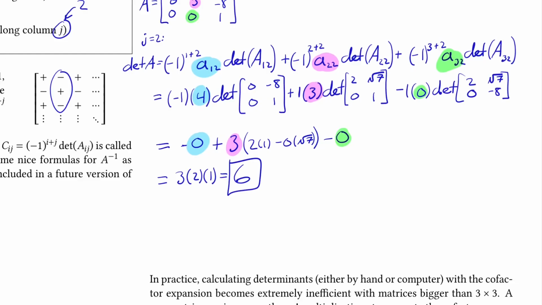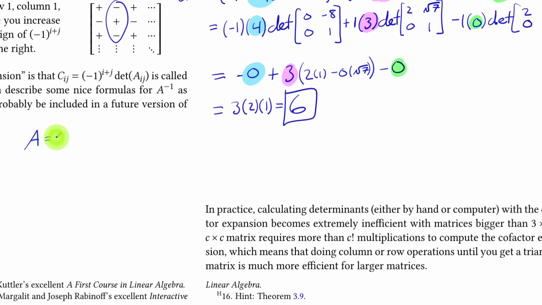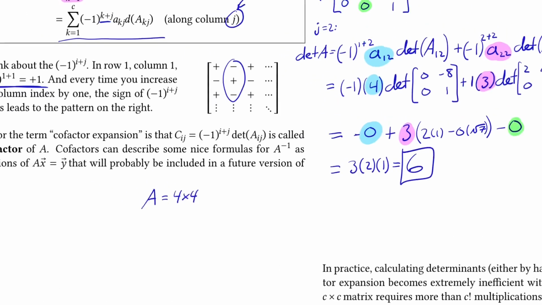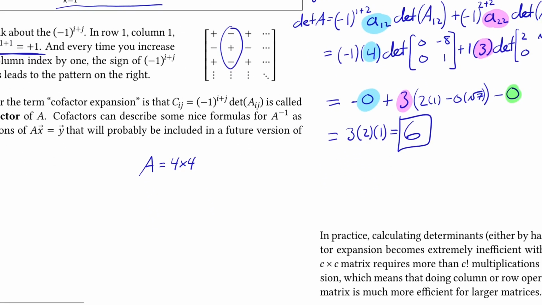Now, this is not that bad for 3 by 3 matrices. You do have to do 3 different 2 by 2 determinants, which is reasonable. But using this formula with bigger matrices turns out to get way out of hand. For example, if A is 4 by 4, then the formula would involve 4 different of these cofactor things, and each one of those is going to involve a 3 by 3 determinant.